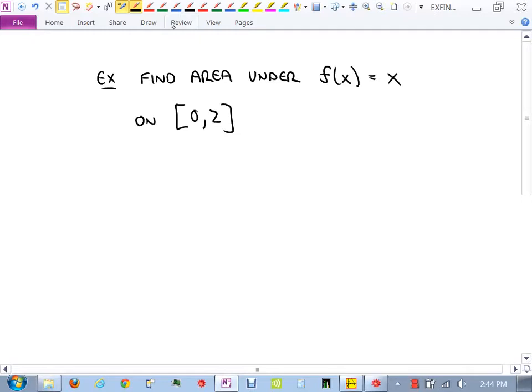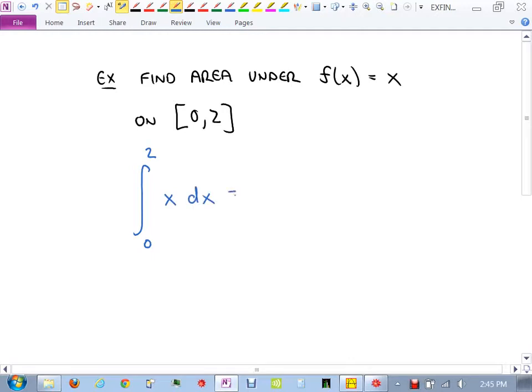So in terms of calculus, here's what I'm asking for. The way we say it, it's the integral from 0 to 2, of what's the function I'm trying to find the antiderivative of? x dx.